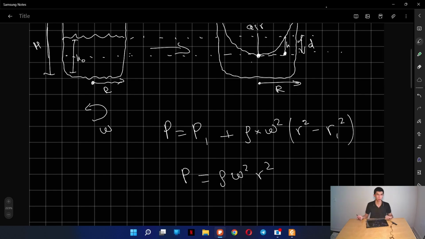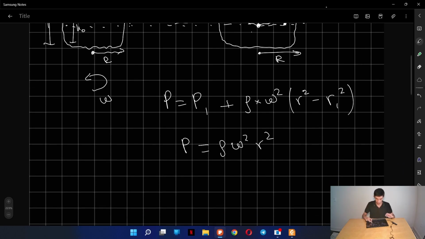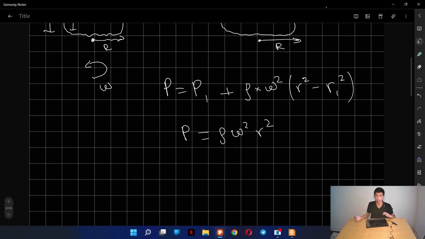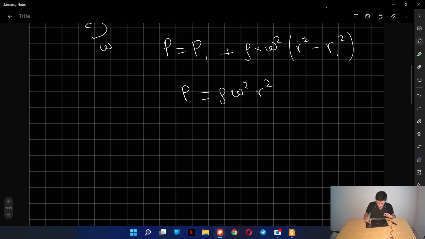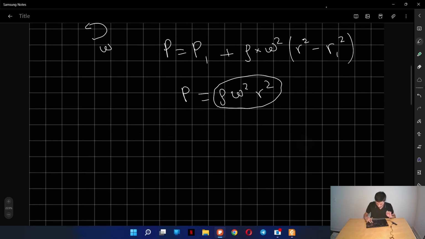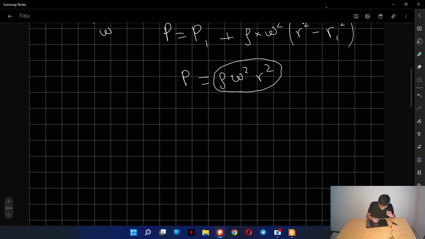From physics, the pressure as we go down into the water is equal to rho g h, which is the density multiplied by the gravitational acceleration times the height, and that should be equal to the equation that we just derived.